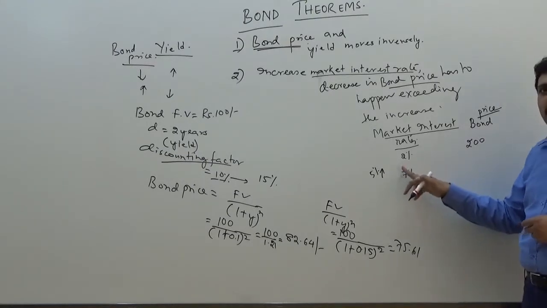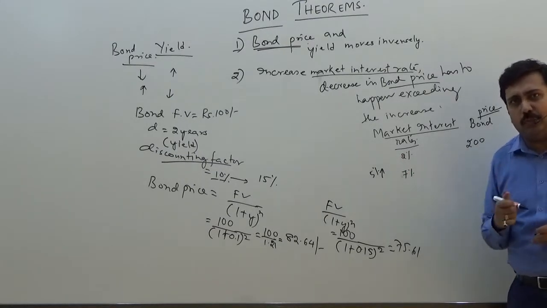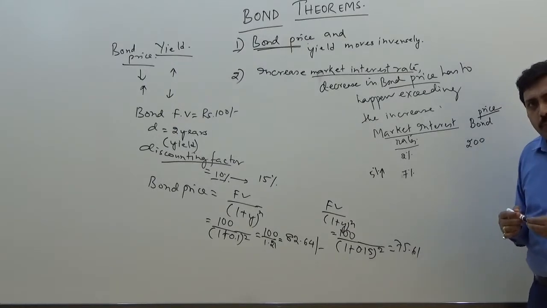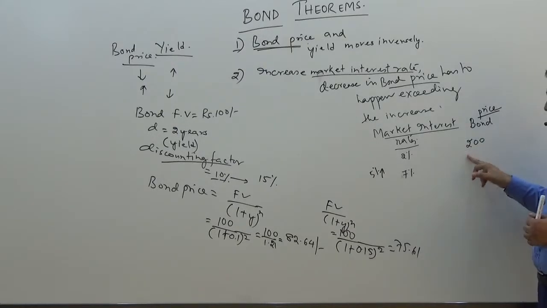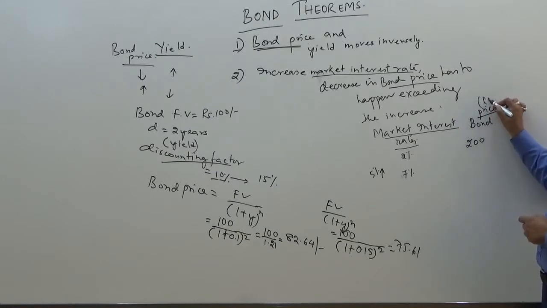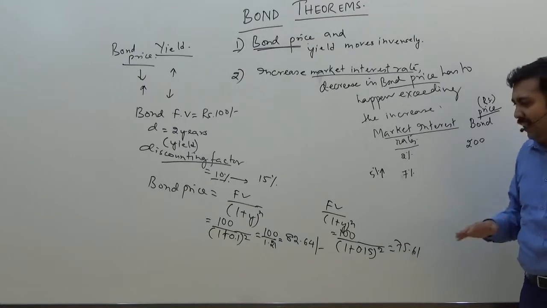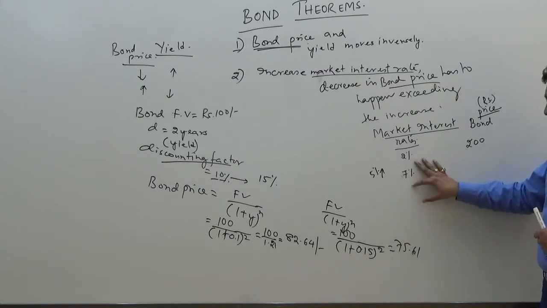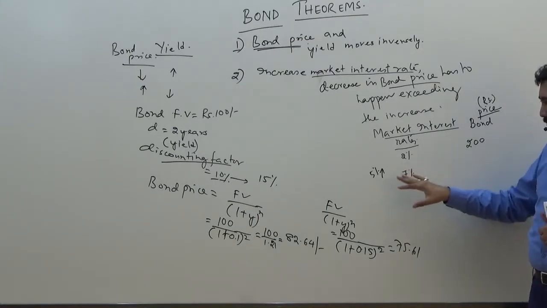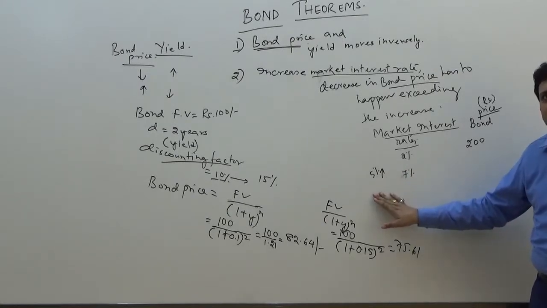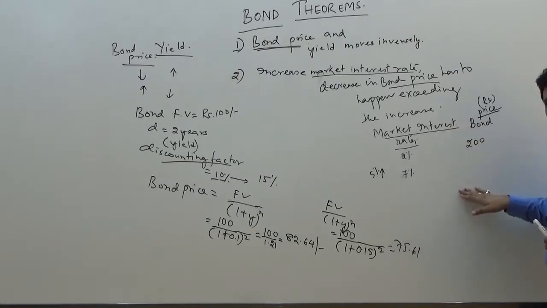And say for example, originally, when the market interest rates were at 2%, say the bond price was at rupees 200. Now, the moment your market interest rates have increased by 5%, my bond price has to fall.